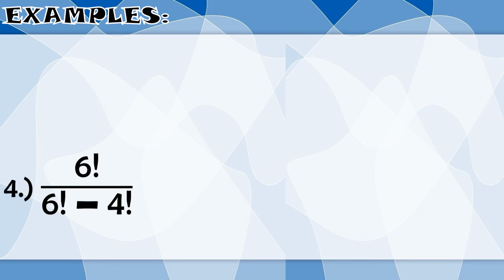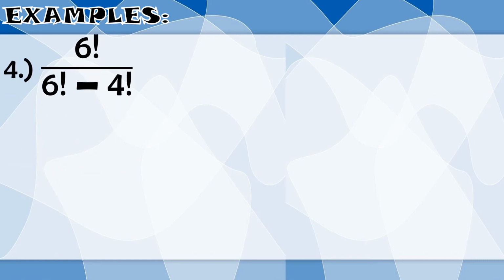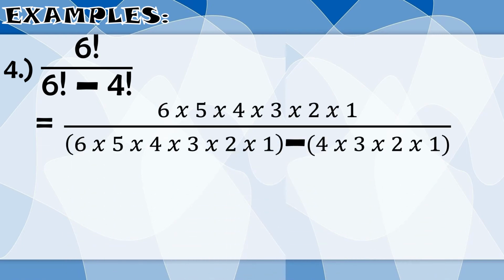Our fourth example, we have here 6 factorial over 6 factorial minus 4 factorial. So first, we just have to simplify the numerator, which is 6 factorial. Next, the denominator is 6 factorial minus 4 factorial, which is 4 times 3 times 2 times 1.